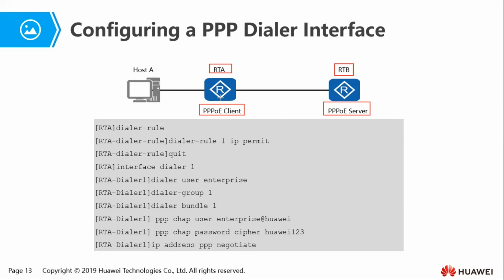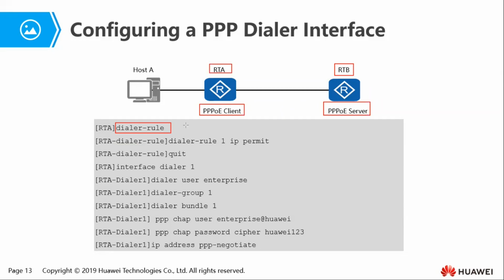We begin by configuring what we call a dialer interface. The dialer interface is configured by, first of all, creating a dialer rule. The dialer rule enables us to access the dialer rule view, which is used to set the conditions for initiating the PPPoE connection.